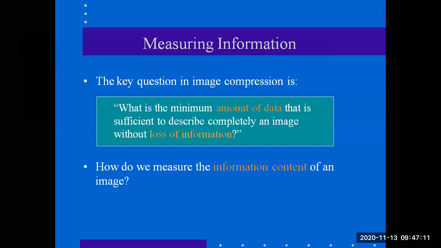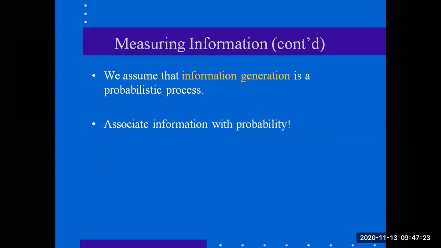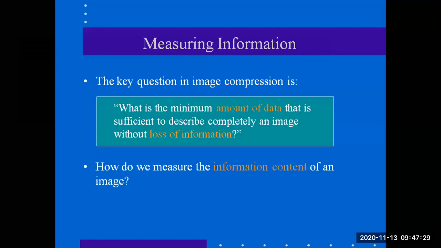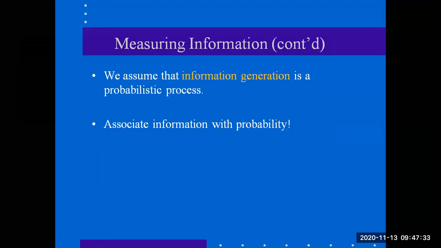The statement is very important while compressing an image. So how do we measure the information content of an image? Information content is measured by some expected values, entropy, like this.